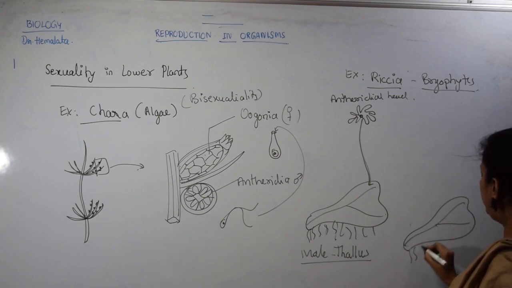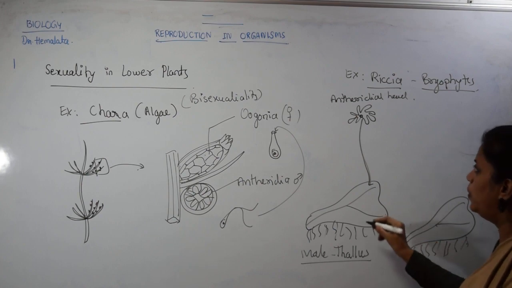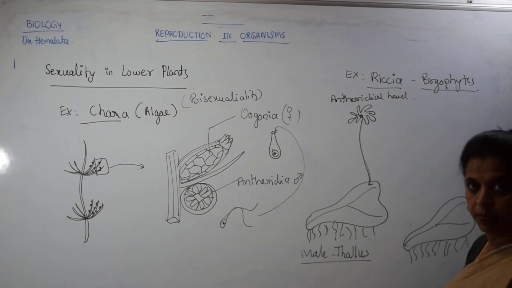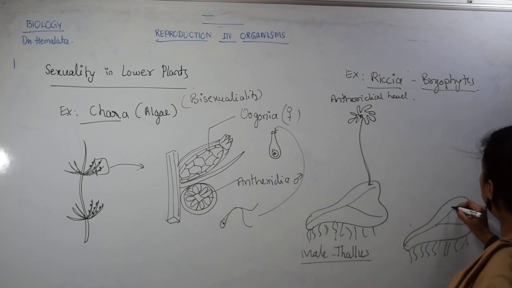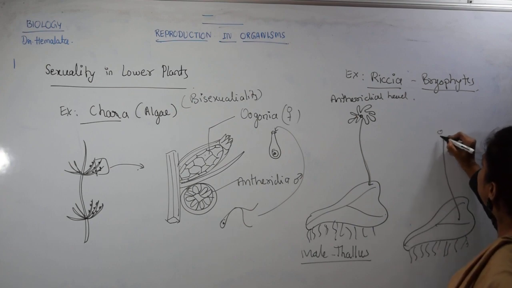Again they will have rhizoids. I am not giving more information about the plant body because you have studied bryophytes already in first PUC. Then you will get the female part. We call this the archegonial head, right? They will have archegonia here. This is a female structure.